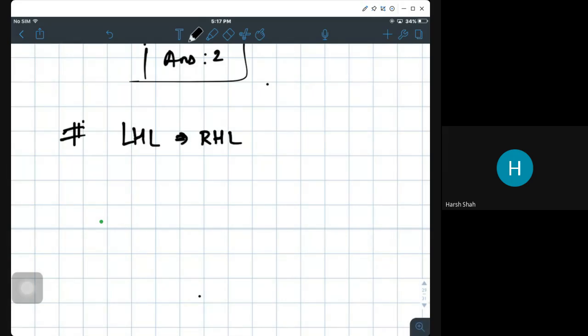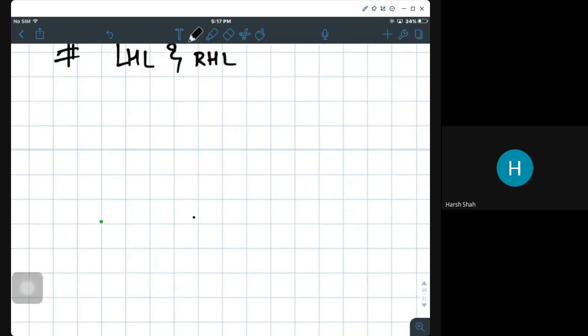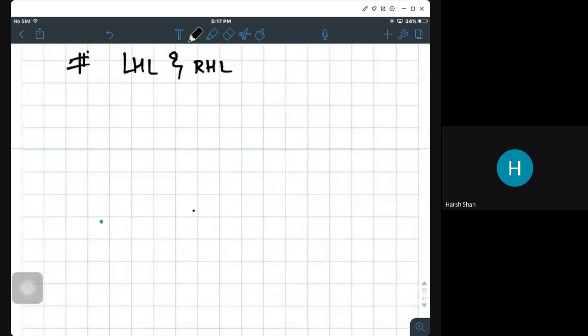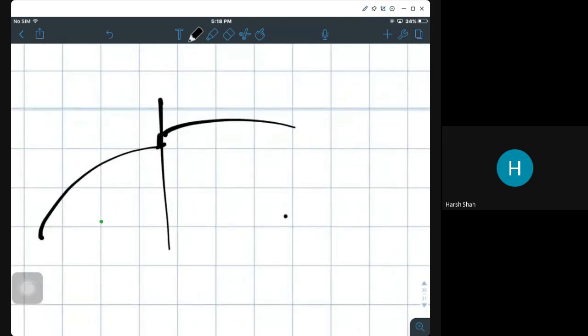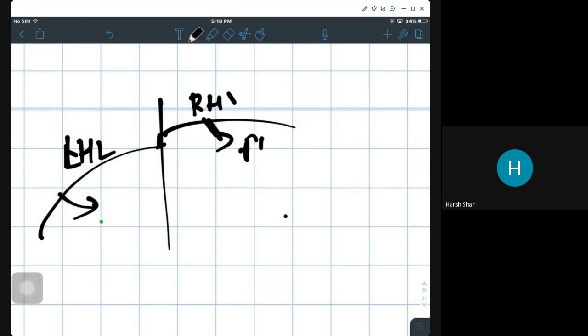But why do we have this LHL and RHL? It's because of the function choice. This limit question comes in piecewise functions. If you have a function like this, with two different functions, which function to choose will be told by LHL and RHL. LHL occurs here, so I'll choose this function definition. RHL occurs here, so I'll use this function definition.